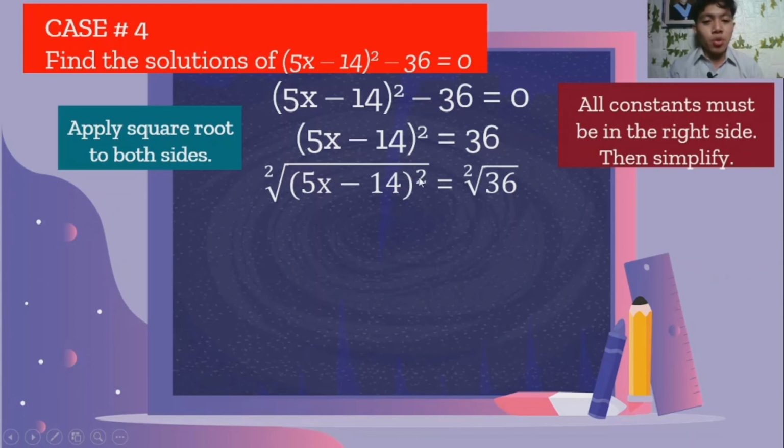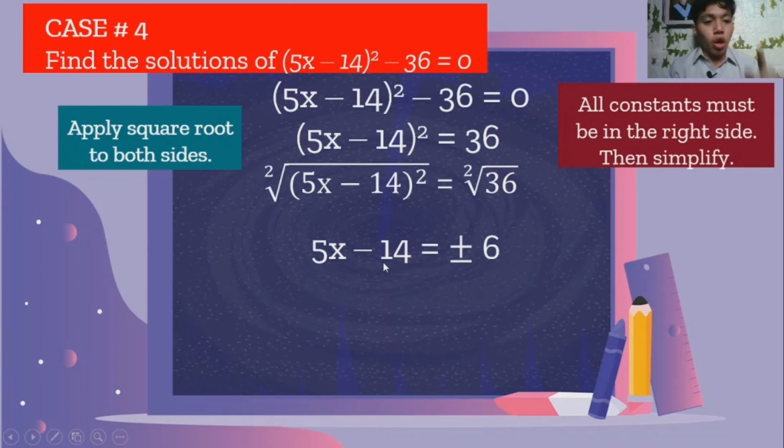Diba? Yung squared na ito. So, square root, tapos makakancel niya yung squared na yan, magiging 5x minus 14 na lang yan. And then, yung square root of 36. Square root of 36, that is positive, negative 6. Okay? So, we have 5x minus 14 is equal to positive negative 6.